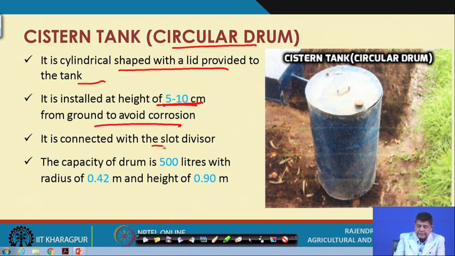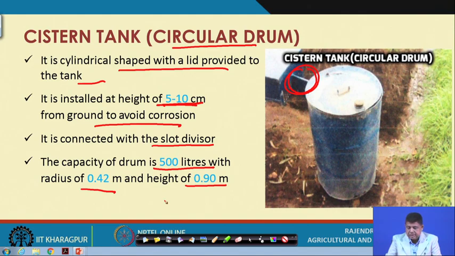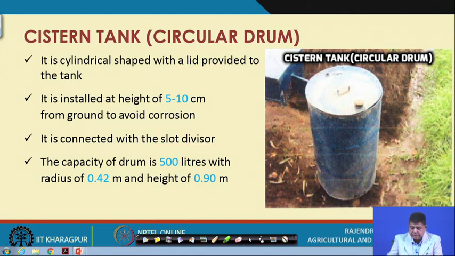This one is connected to the slot divisor, as you can see here. So, the water sample gets collected here, and the capacity of the drum is typically 500 liters with a radius of 0.42 meters and height of 0.9. This is a typical value, but any variations are possible as far as cistern tank sizes and dimensions are concerned.